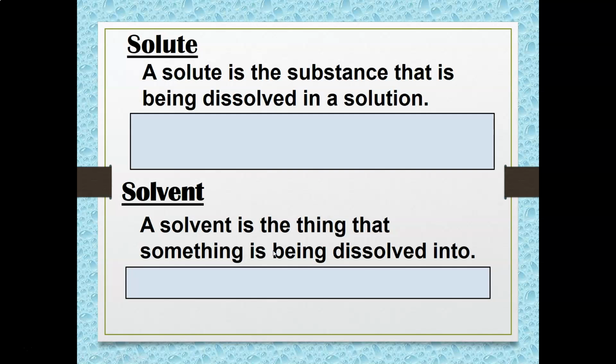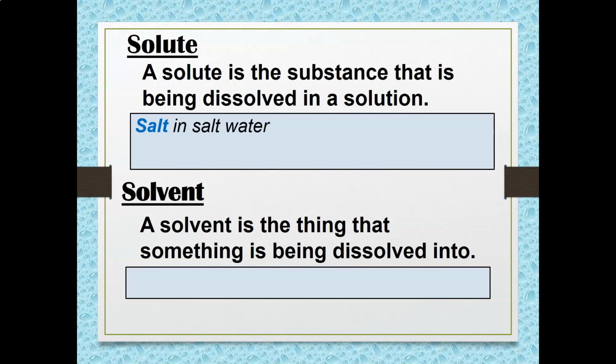Two of the most important words that we're going to need are called solute and solvent. So the solute is the substance that is being dissolved. We often think of this as the solid that we're dumping into a liquid, but it does not have to be a solid. Oftentimes it's easiest to think about it in terms of which is the smaller amount.